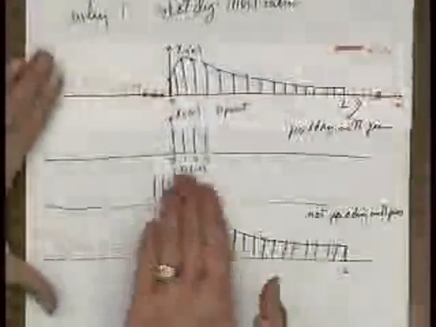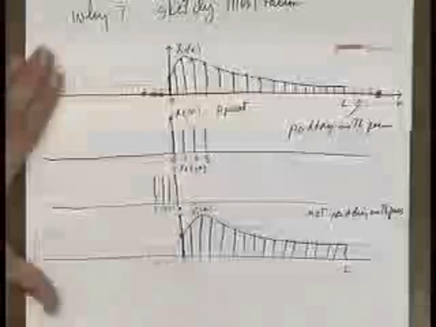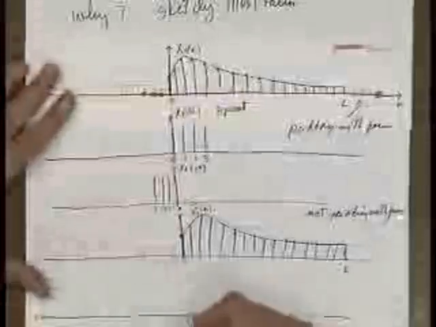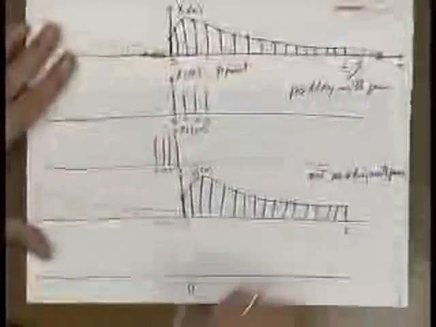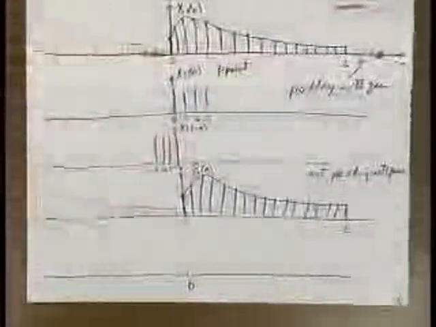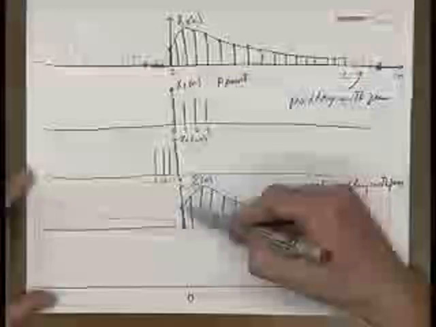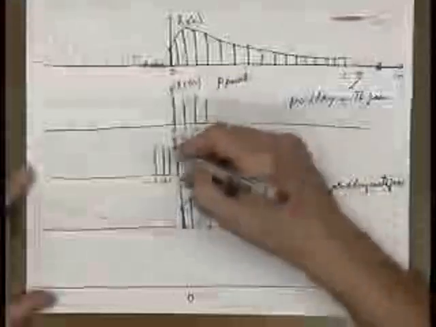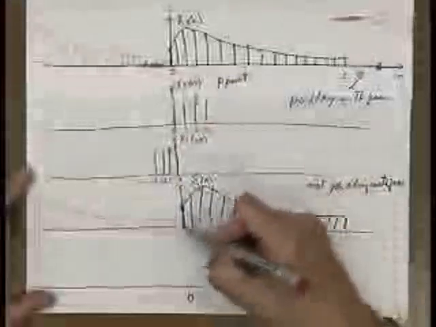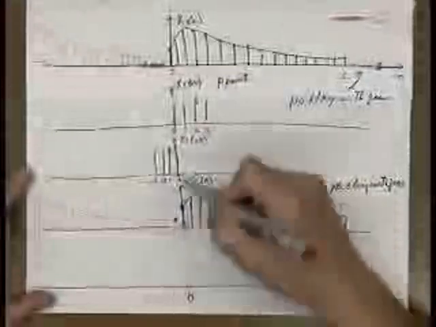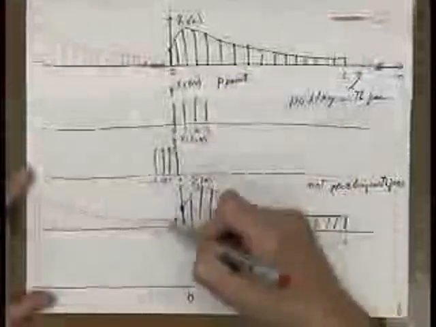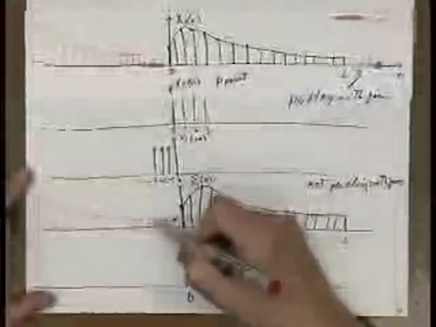Now I have x2 of n, which is the flipped version of that, and to compute index 0 of my answer, I'm going to multiply this point by this guy, then this point by this guy, then this point by this guy, and this point by this guy.